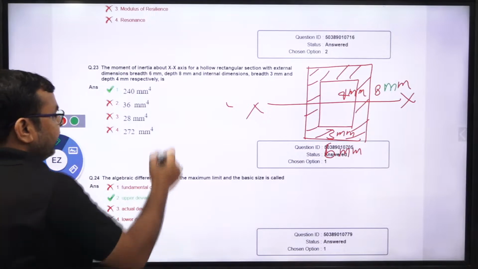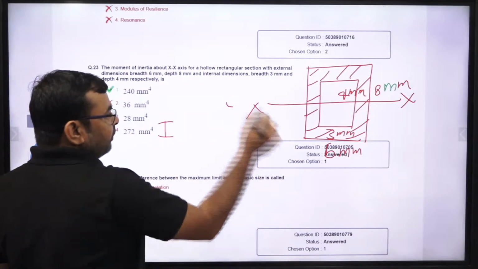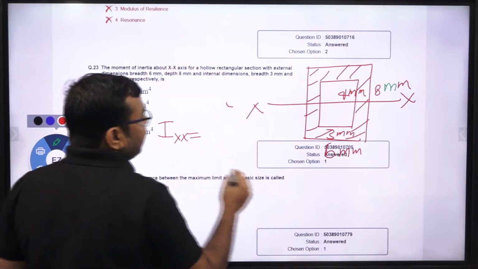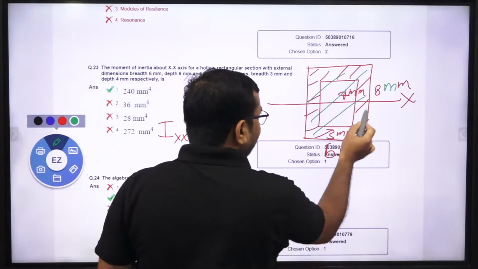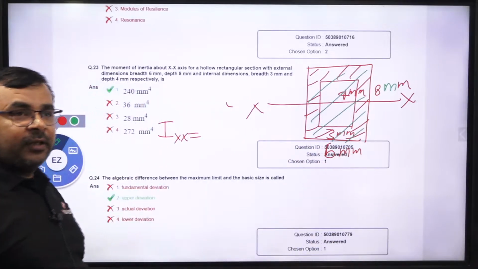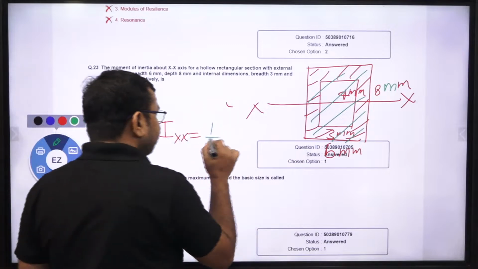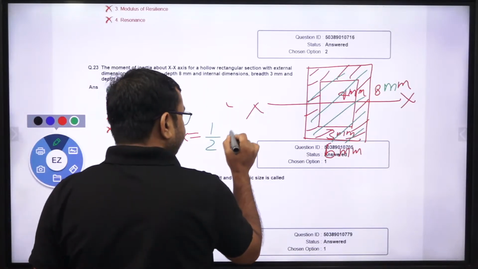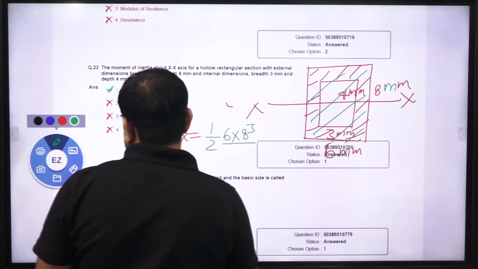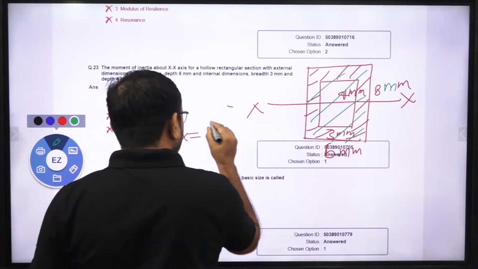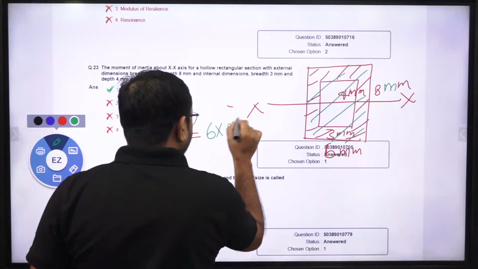Respectively. So can I say the moment of inertia about this xx is nothing but, if I assume the whole cross section, then the moment of inertia of this rectangle is 6 into 8 cube over 12.